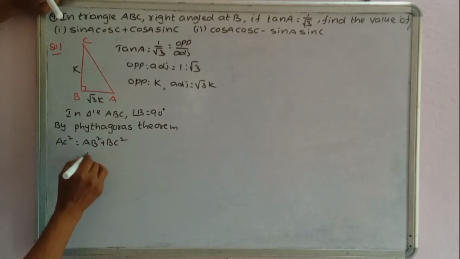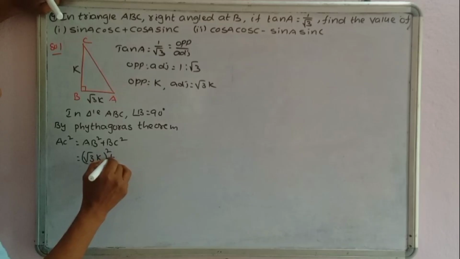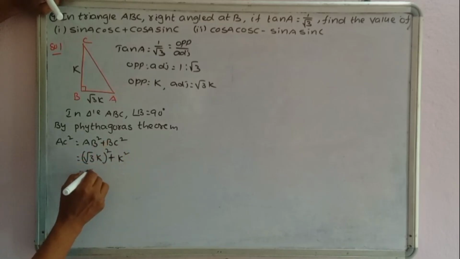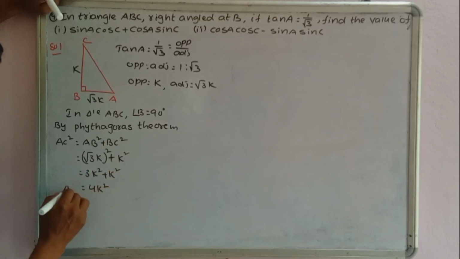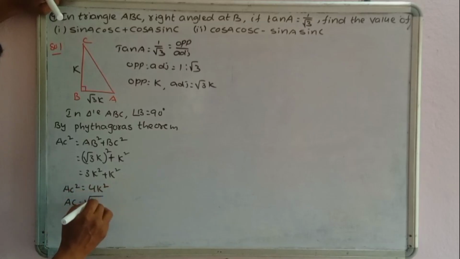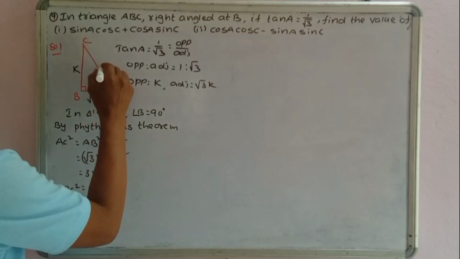AB value is root 3k whole square, BC value is k square. Square root of 3 squared is 3, so 3k square plus k square is 4k square. AC square equals 4k square. So AC equals square root of 4k square. Square root of 4 is 2, square root of k square is k. Therefore the value of AC is 2k.